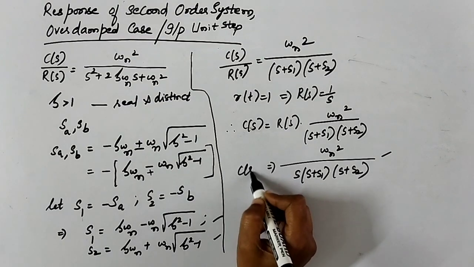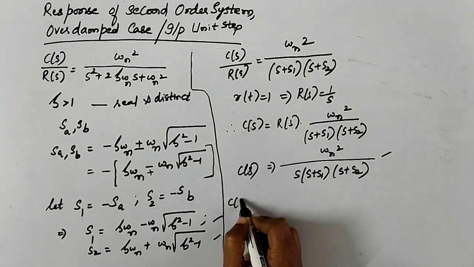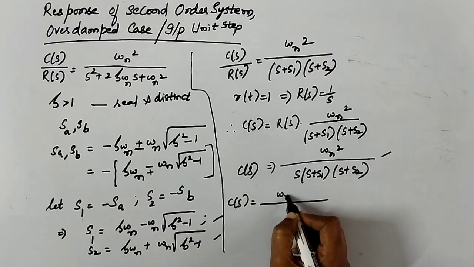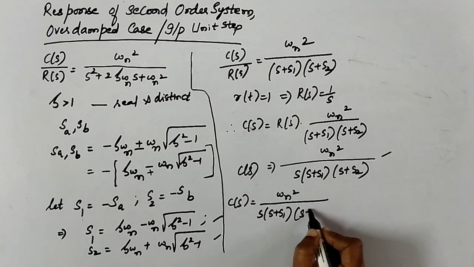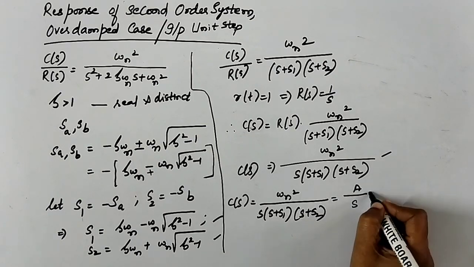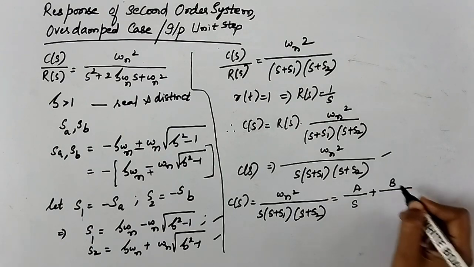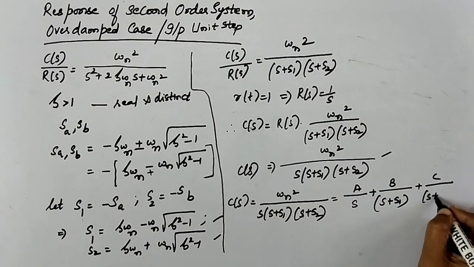For this, we'll go for partial fraction expansion so that we can write C(s) equal to omega n square by s into (s plus S1) into (s plus S2) equal to A by s plus B by (s plus S1) plus C by (s plus S2).